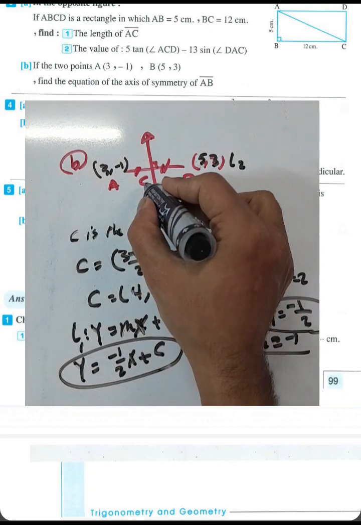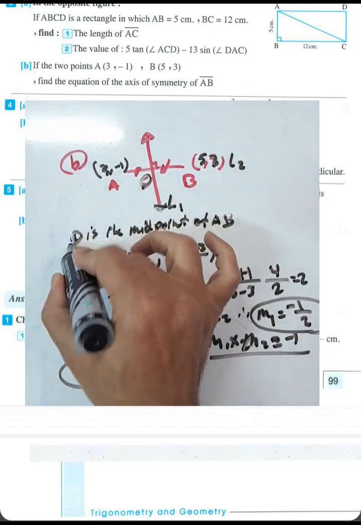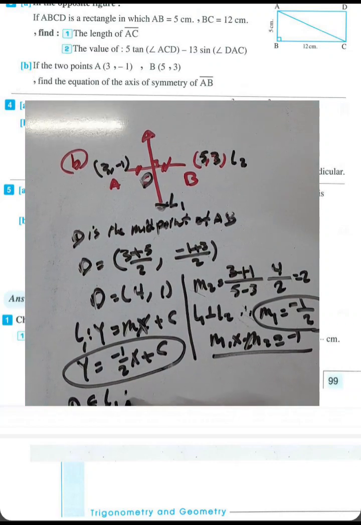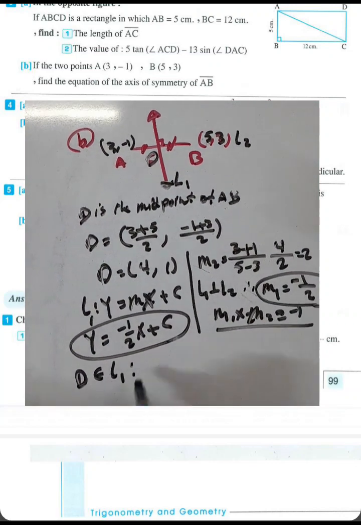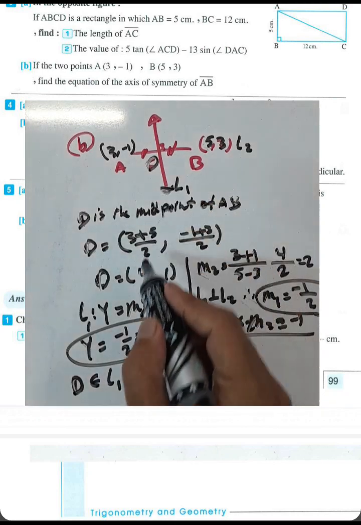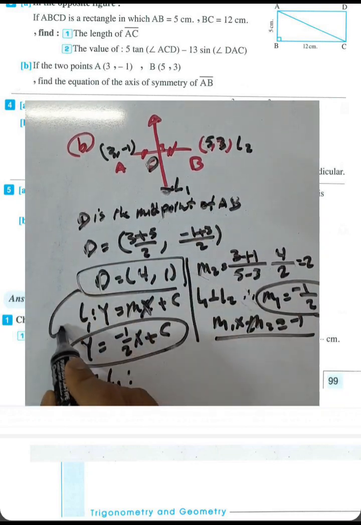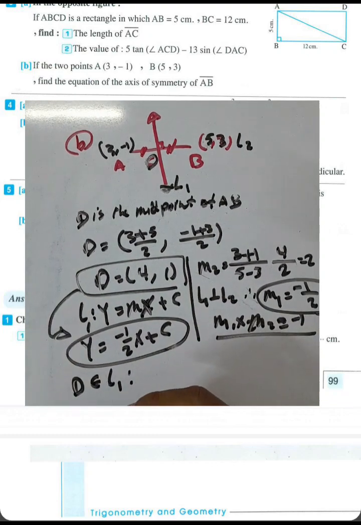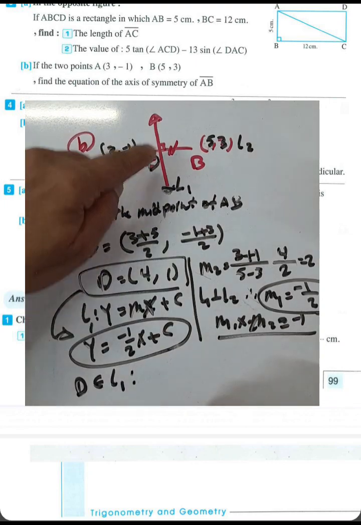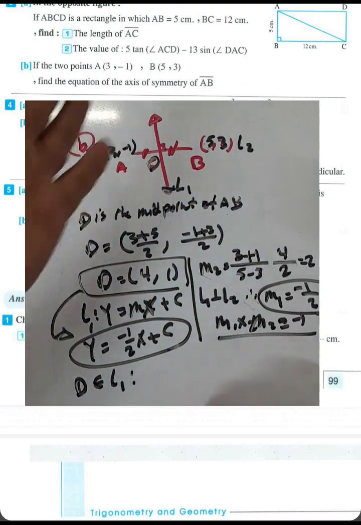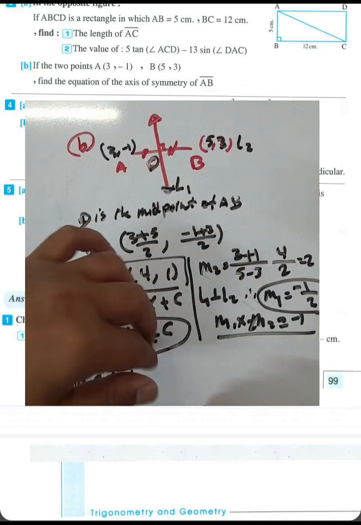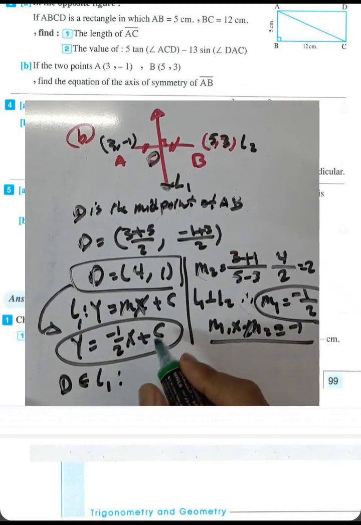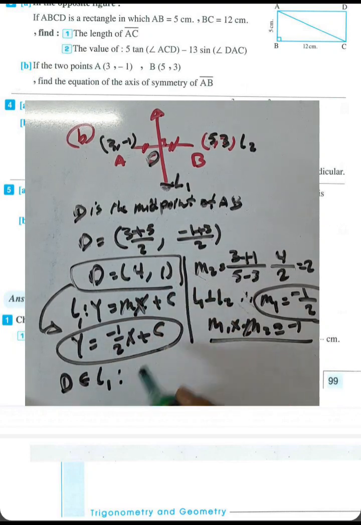I will rename this point D. D belongs to L1, so this point satisfies the equation. Put x equal 4 and y equal 1. Why? Because the line of symmetry L1 passes through the point D, which lies in the middle of AB.